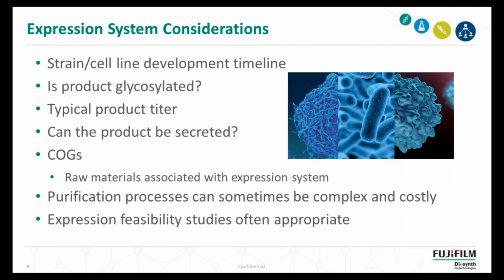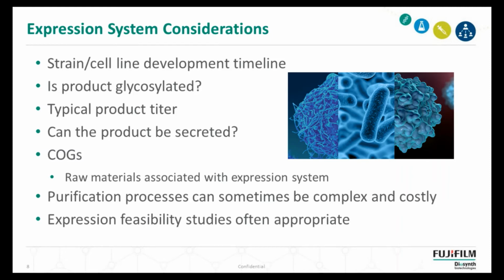Choice of expression system can also determine the purification strategies that are open to working with the molecule, and sometimes those purification processes can be very complex and very costly.